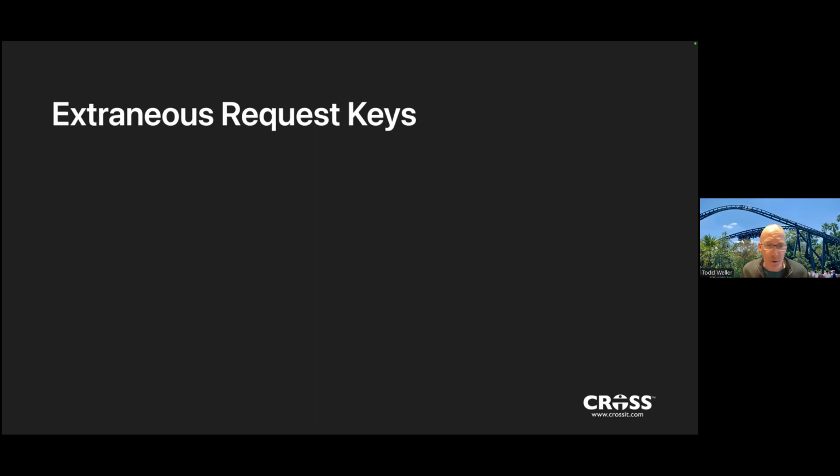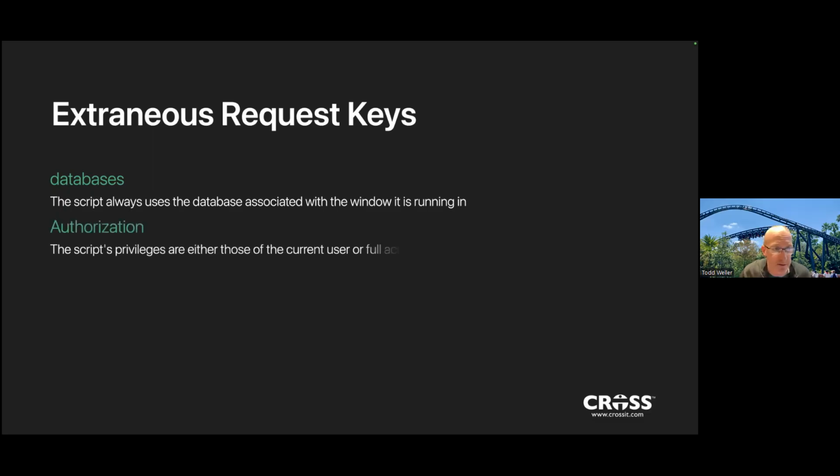And so the request now, we're going to get into that, is there's a number of keys that you can use depending on what your action is. And there are some that are extraneous. These are ones that would apply if you're using the FileMaker Data API as a web service on FileMaker Server, but they don't apply to us using the script step. First one is database. The script is always going to use the database associated with the window it's running in, so you don't have to worry about declaring that.